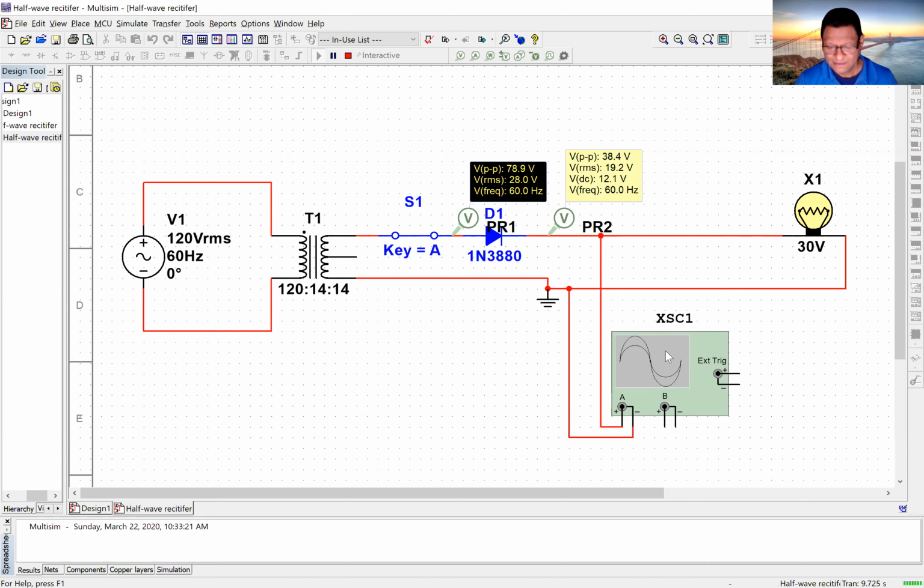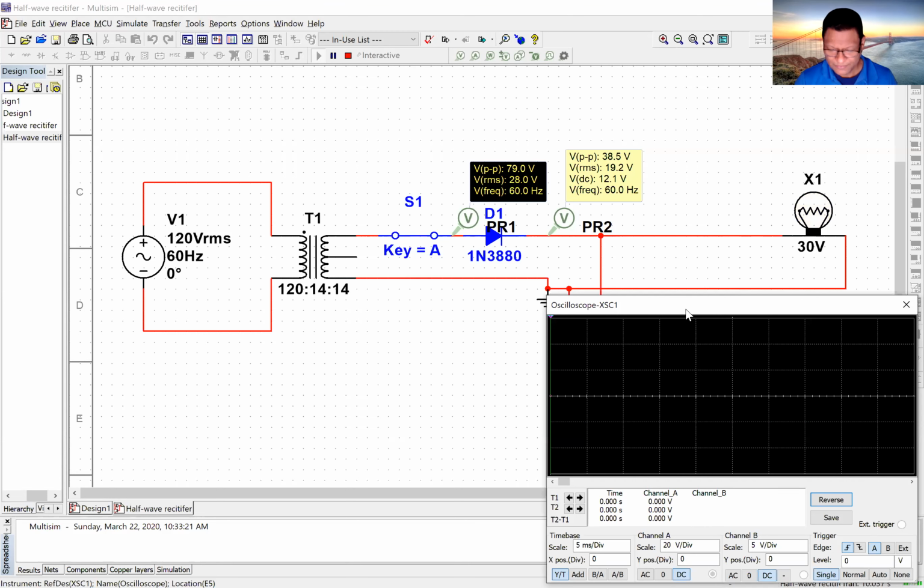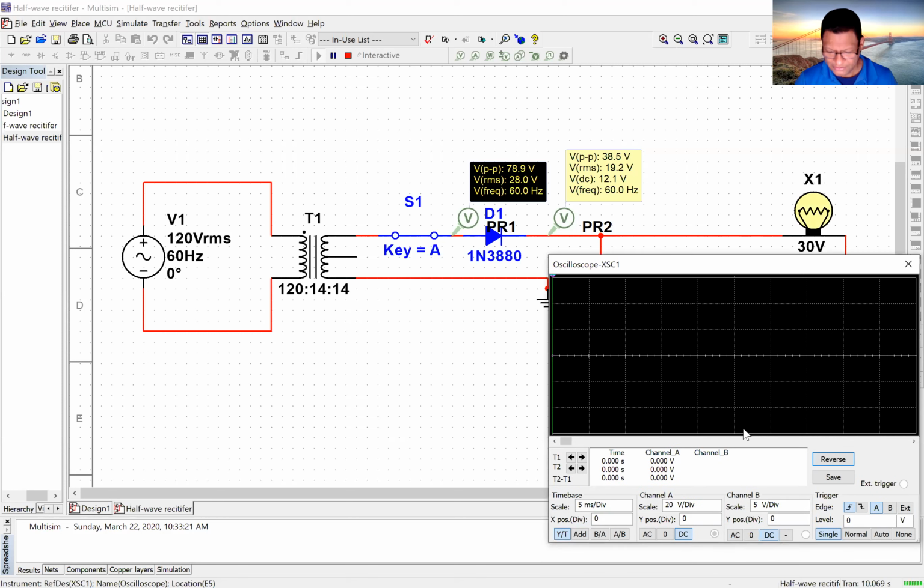Anyways, guys, let's look at the oscilloscope.